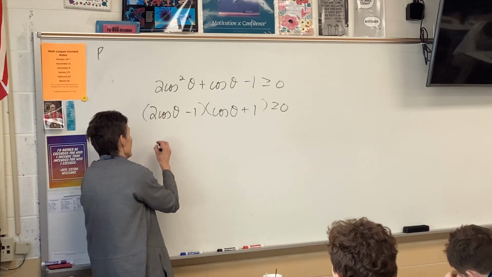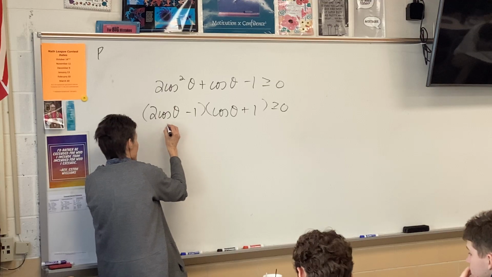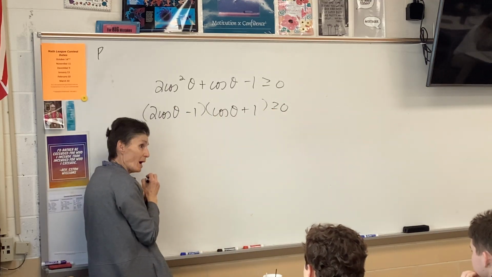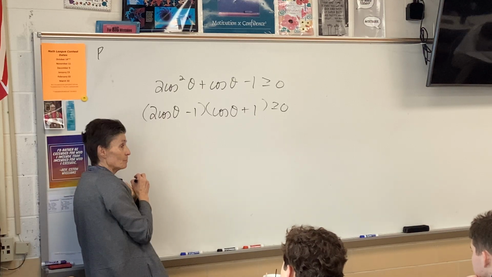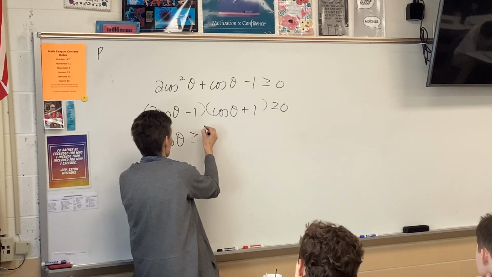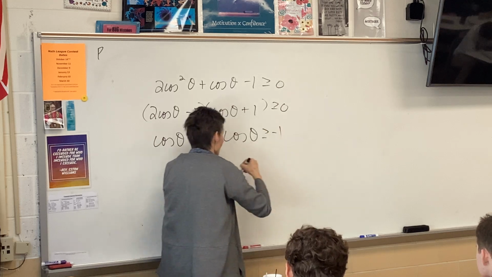Now, this time, these two are being multiplied to be positive. So what does that mean about them? They are both positive, so cosine is bigger than or equal to 1/2. Cosine is bigger than or equal to -1.